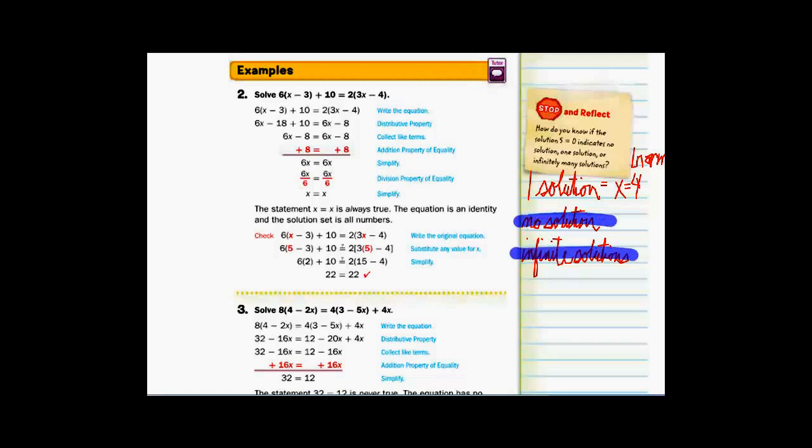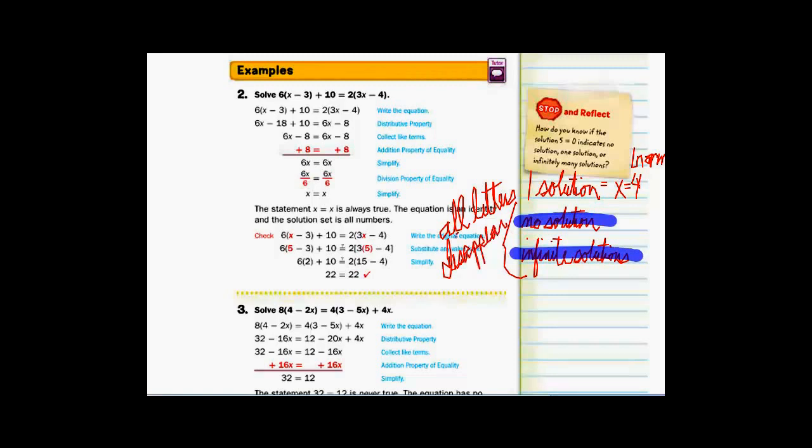In either of these last two cases, no solution or an infinite solution, here's what will happen at the end. All variables, so all letters, disappear. They will all fall out.